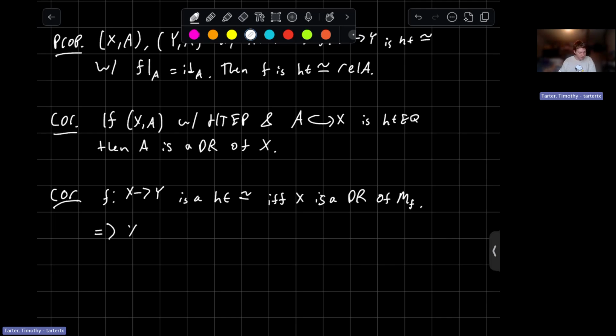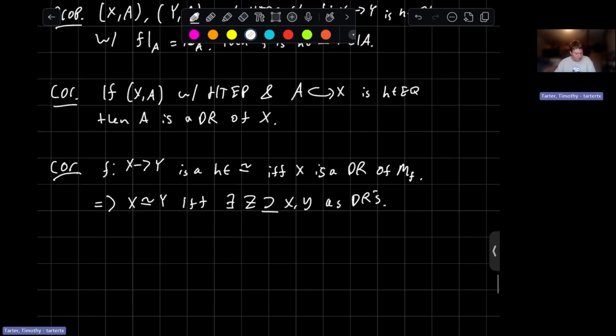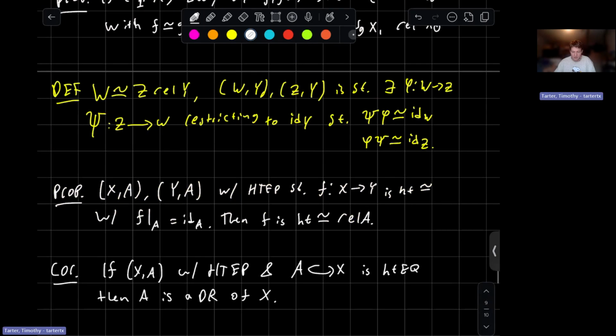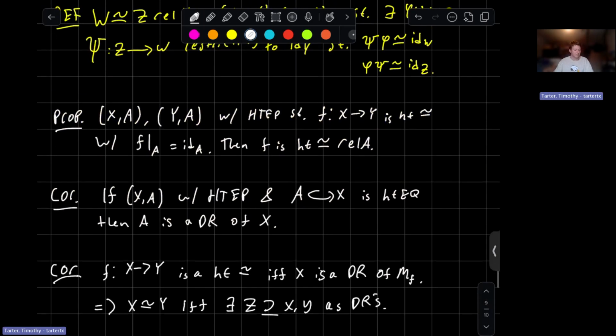Hence, X and Y are homotopy equivalent if and only if there exists a third space Z containing X and Y as deformation retracts. And I think I'll start tomorrow by proving these.